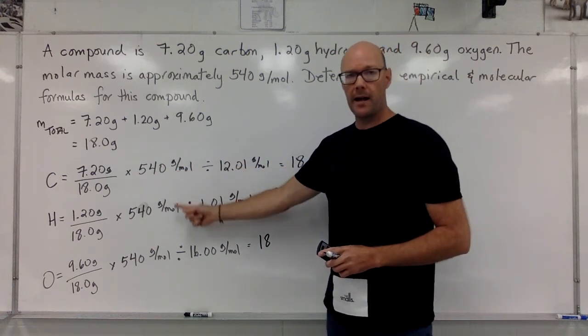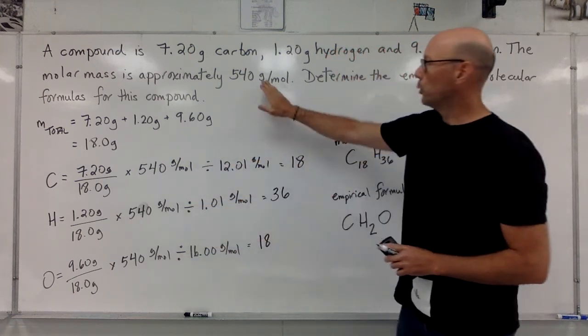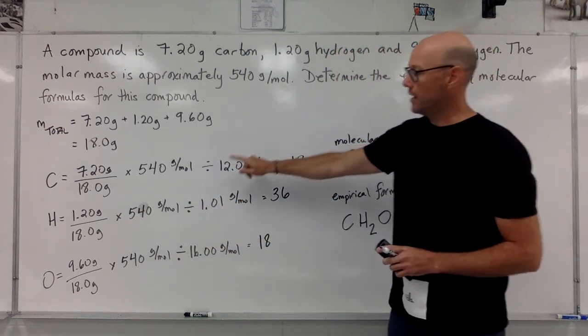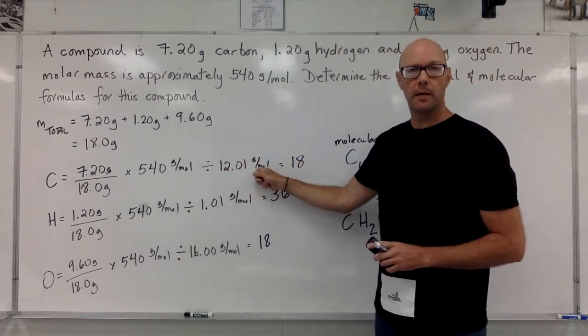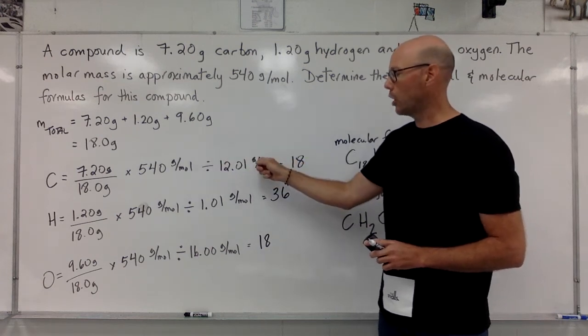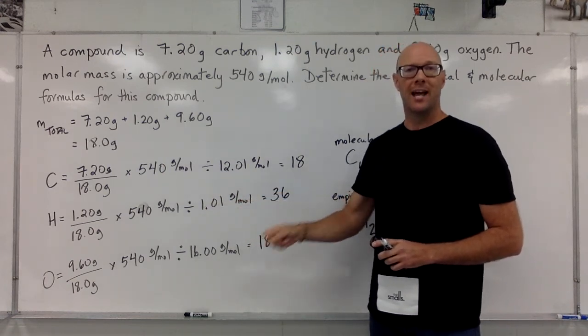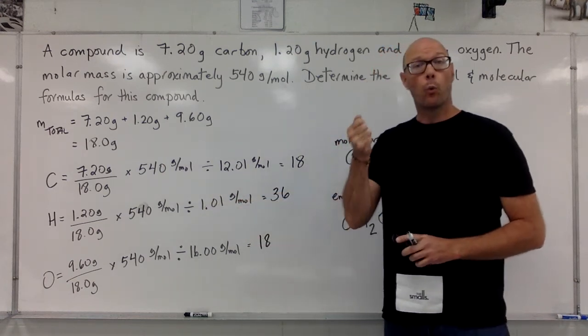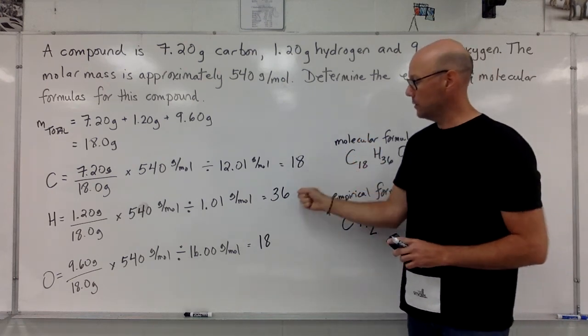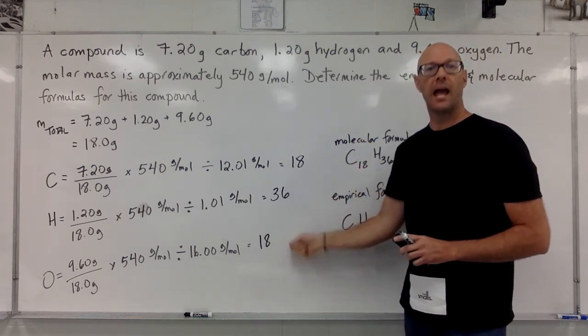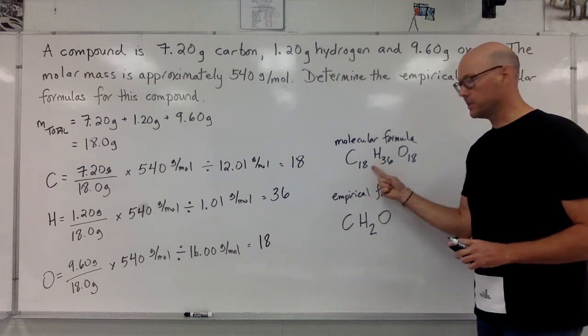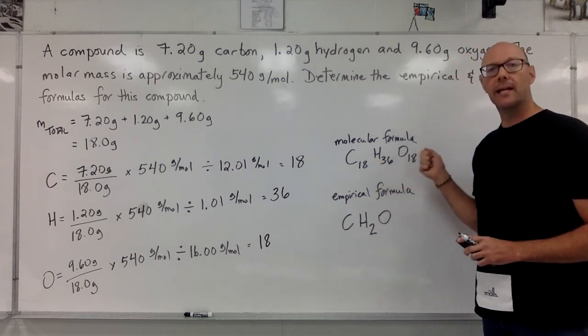Multiply by the molar mass each time, that molar mass was in the question, then divide by the atomic mass. The periodic table has to say 12.01 for carbon, 1.01 for hydrogen, 16 for oxygen. Whatever your calculator says, round that off to the nearest whole number. And those values become the subscripts of the molecular formula.